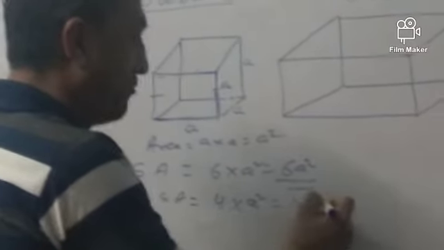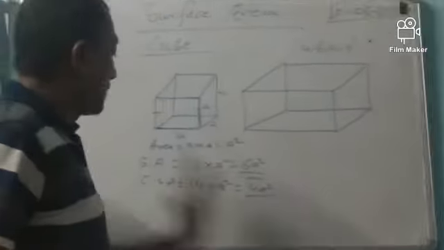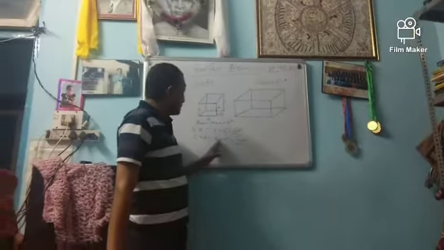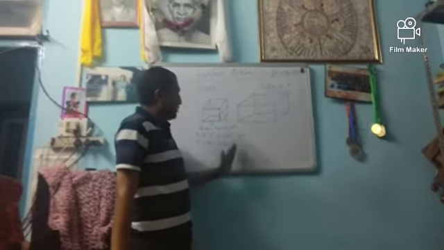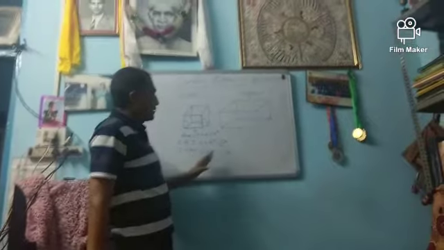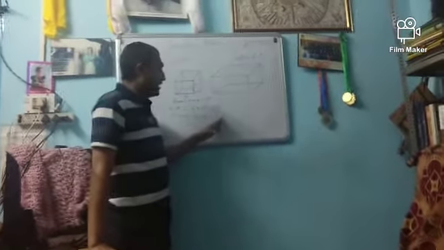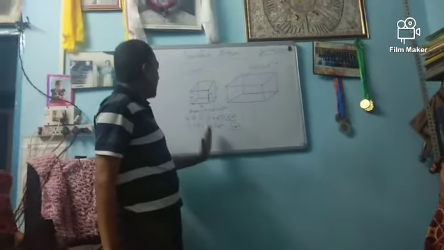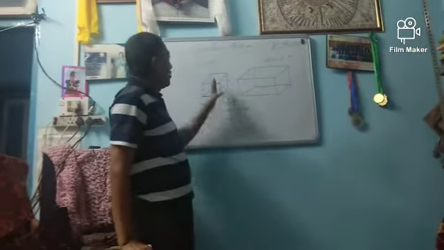So that is 4 into A square, that is 4A square. So the curved surface area of a cube is 4A square. Whenever the side is given, we can find the curved surface area. Sometimes the curved surface area is given, then we can find the side of that cube. So this was about the surface area and the curved surface area of a cube.